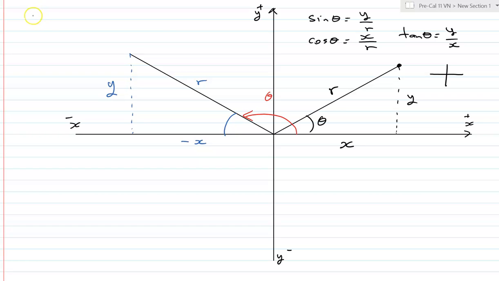Sine of theta equals y over r, cos of theta equals minus x over r, so cosine is negative, and tangent of theta is y over negative x. That always makes it negative. So tangent and cosine are negative in quadrant 2, sine is positive.